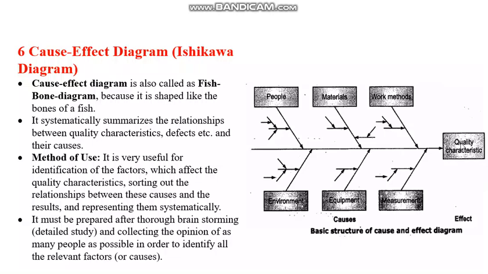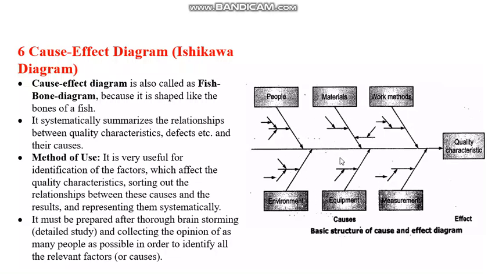Now if a defect occurs, what is the reason for it? For that, we draw this fishbone diagram. So the name itself says it is a cause and effect diagram. The quality characteristic is the effect, and the things we are drawing on the left hand side are the causes.